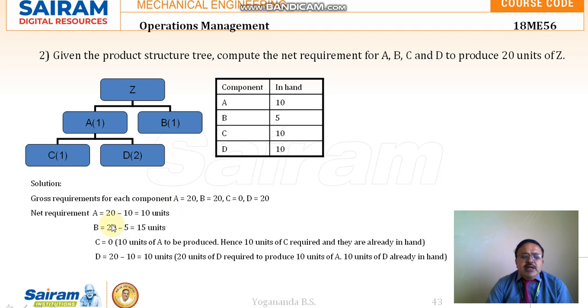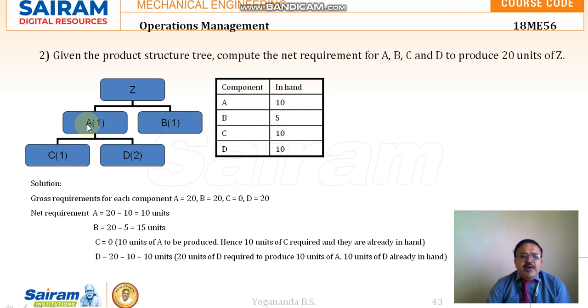Then coming to component B. 1 unit of Z requires 1 unit of B. So for 20 units of Z, 20 units of B required. Already 5 are there in hand. So net requirement of B is gross requirement 20 minus available in hand 5, that is 15 units.